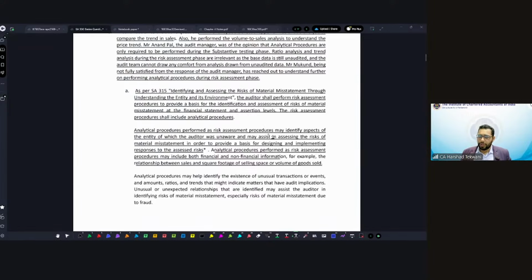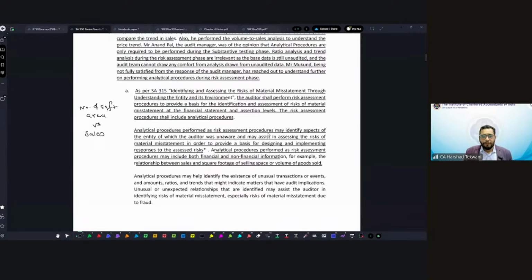Now this XYZ store provides you clothing and everything. So what you can do is an analytic of the number of square feet area versus sales.